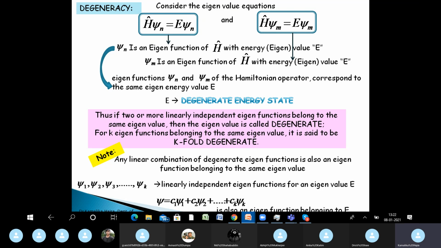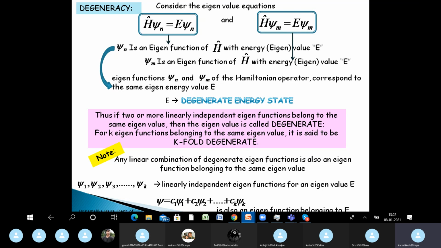Have all of you understood this? So basically, to put it more simply, say H psi 1 equal to E psi 1, H psi 2 equal to E psi 2, H psi 3 equal to E psi 3, and so on, till psi 5, H psi 5 equal to E psi 5.